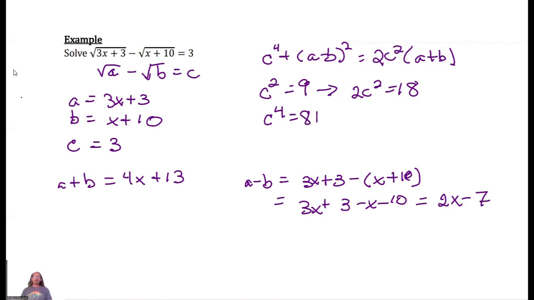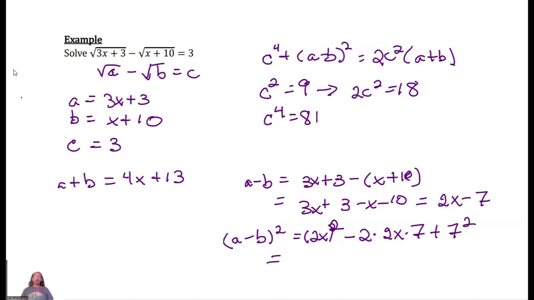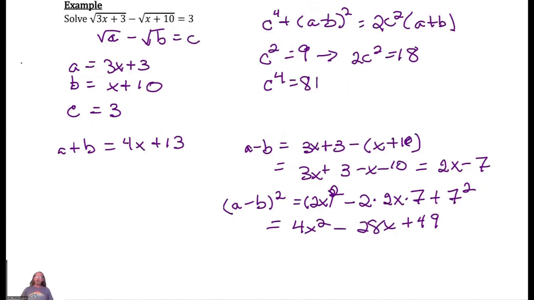And that quantity squared: squaring the 2x, two times the 2x times the 7 is subtracted, and we will add to that 7 squared. So that's equal to 4x squared minus 28x plus 49.